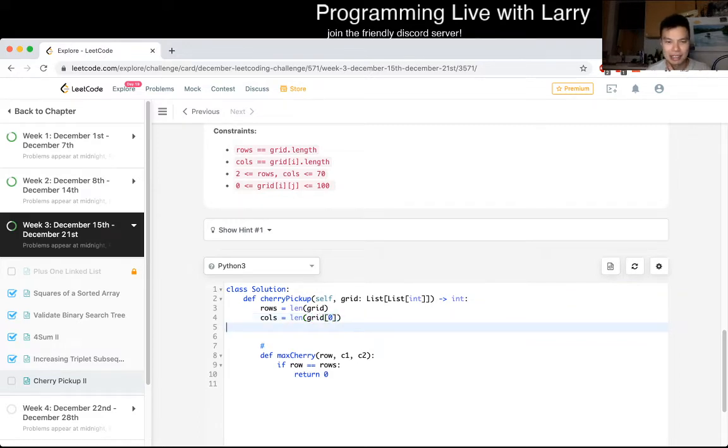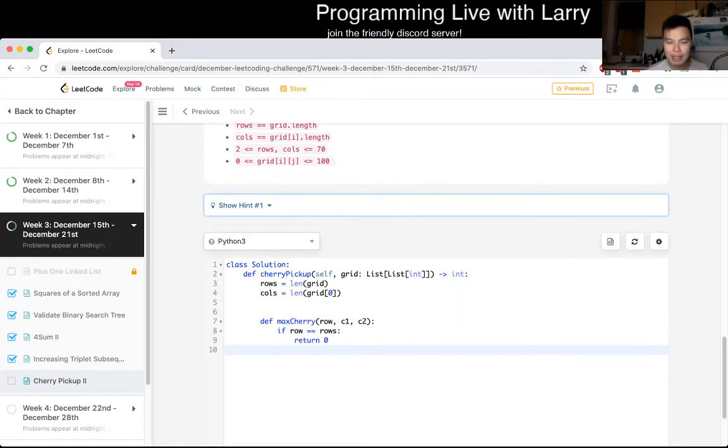I'm looking at the constraints to make sure this doesn't give me an error. In certain contests it does, but in this case it's not, so you have to be careful about that. Yeah, so that's our base case, and we're going to solve this recursively. Obviously, I'm going to add the memoization later, so don't worry about it for now.